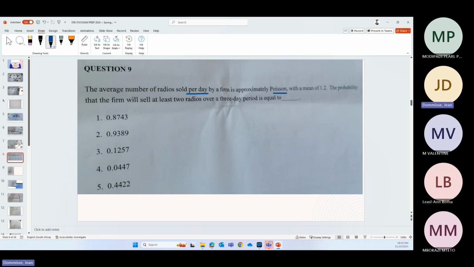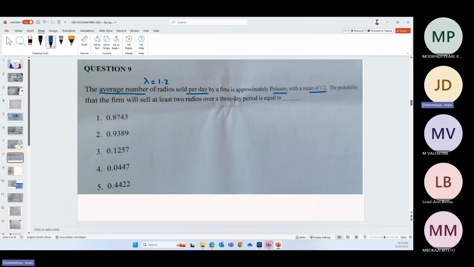And that average number also means that we're looking at the average for lambda, with a mean of 1.2. So we have a lambda of 1.2.